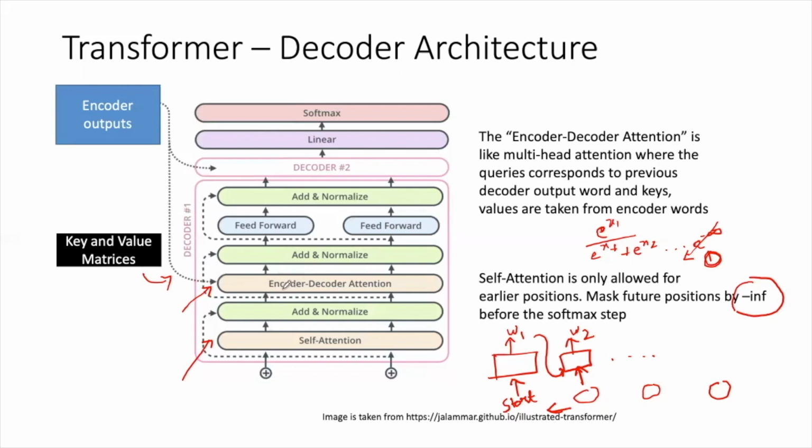We want to find a linear combination of the encoder vectors and find a contextual representation for the decoder words. Since the interaction is between encoder and decoder, that's the process that we carry out.